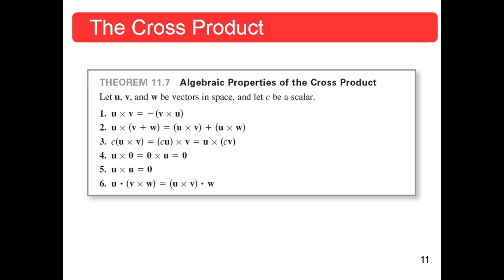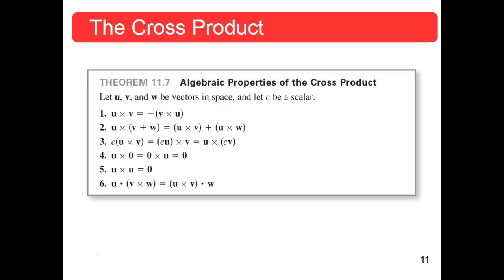We showed that last time. u cross v was 3i plus 5j plus 7k, and v cross u was negative 3i minus 5j minus 7k. Exactly the opposite.